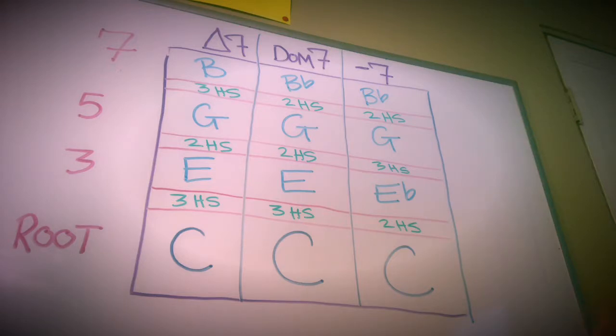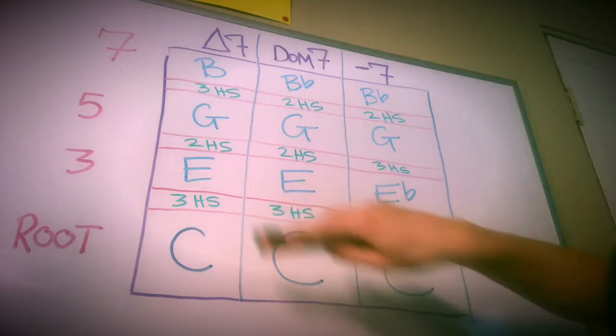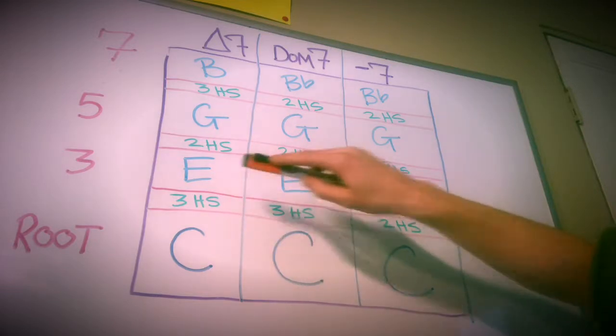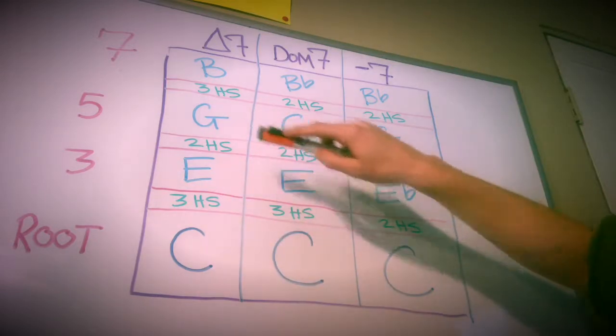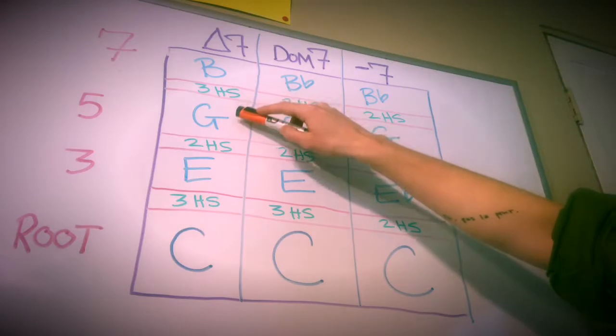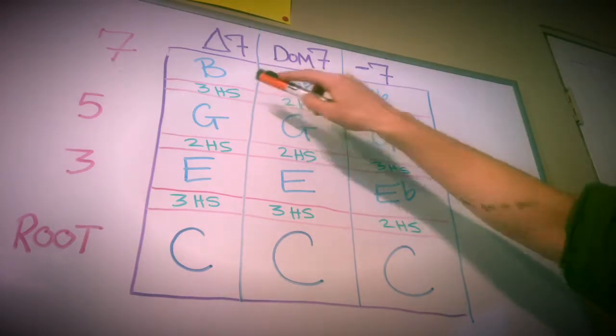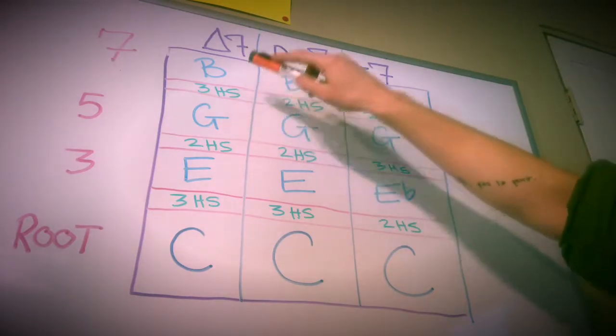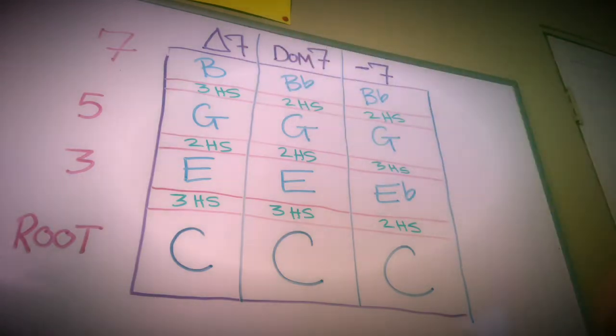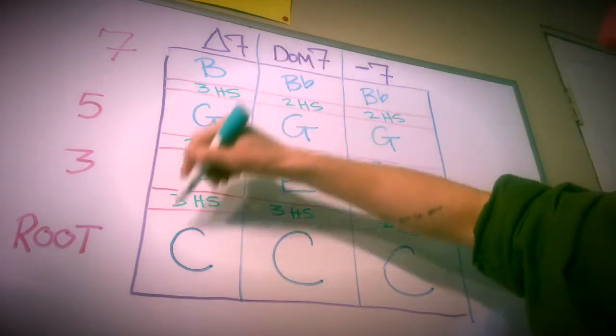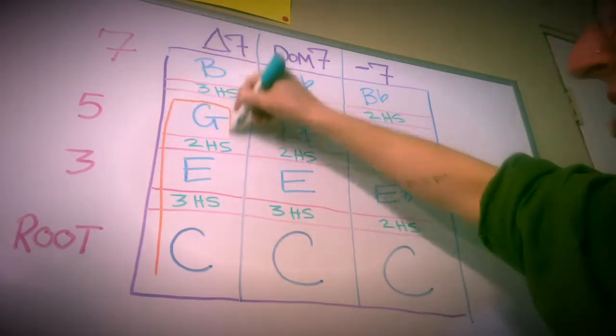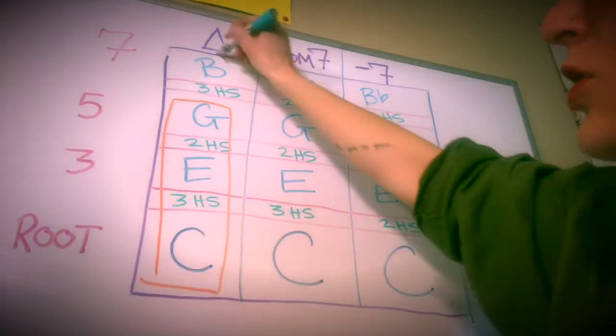A major 7th chord requires 3 half steps between the root and the 3rd, 2 half steps between the 3rd and the 5th, and 3 half steps between the 5th and the 7th. An easier way to look at this may be that a C major 7 requires a major triad with a major 7 on top.